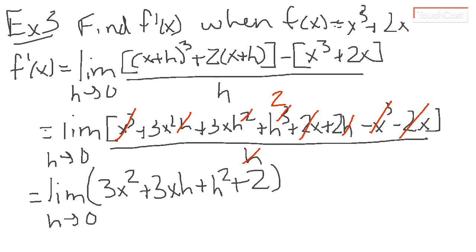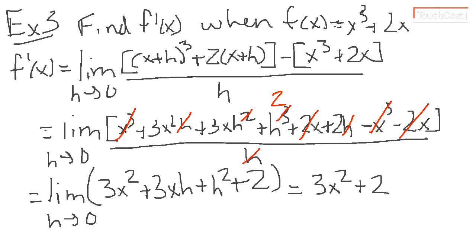If we use direct substitution at this point and put 0 in for h, we find that our limit is equal to 3x squared plus 3x times 0, which is 0, it's gone. 0 squared is 0, it's gone. So we have just this plus 2 at the end.